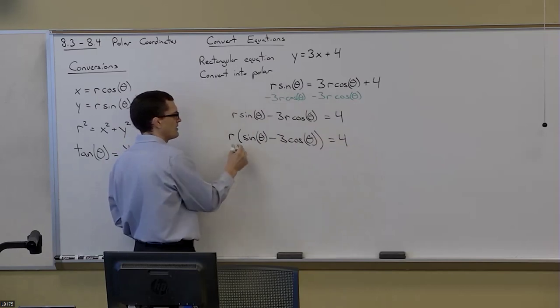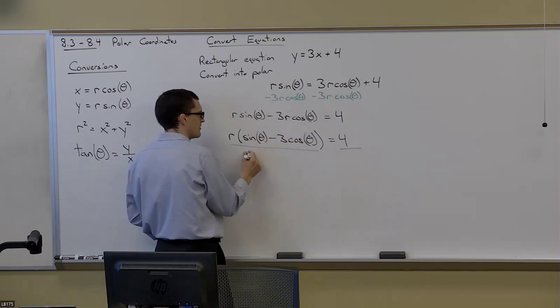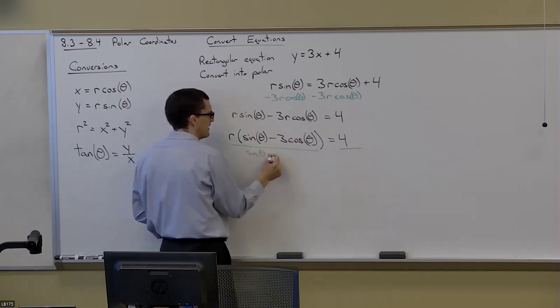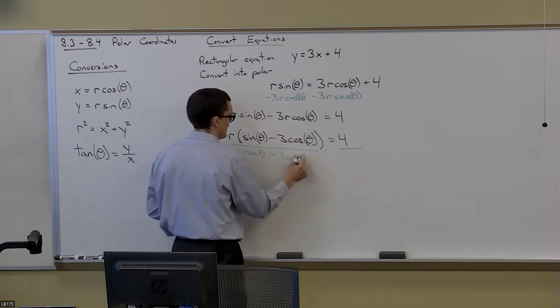And then I would divide both sides by sine theta minus 3 times cosine theta.